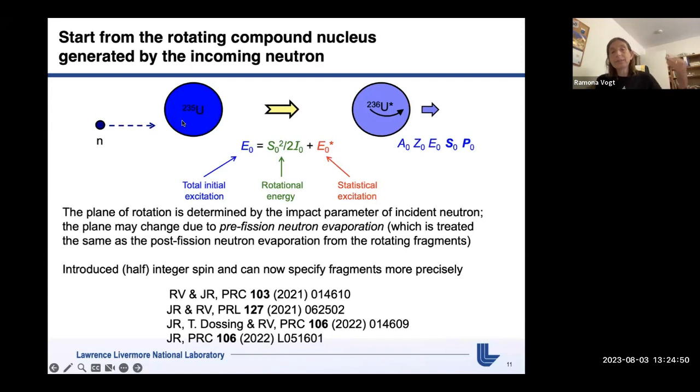That's called impact parameter, and where it hits it affects how much rotation it can impart to the nucleus. If you hit it in the center, it's going to give you less angular momentum to the compound nucleus than if you hit it sort of on the edge.